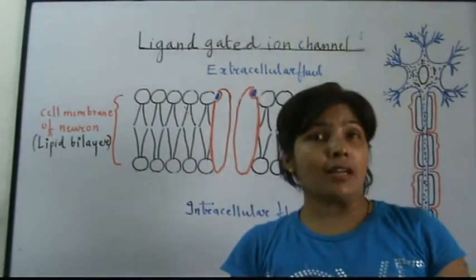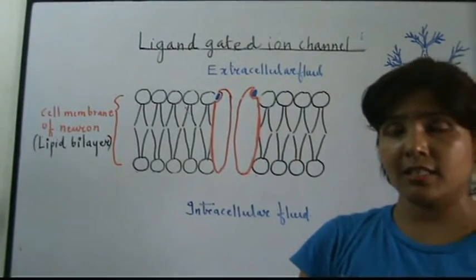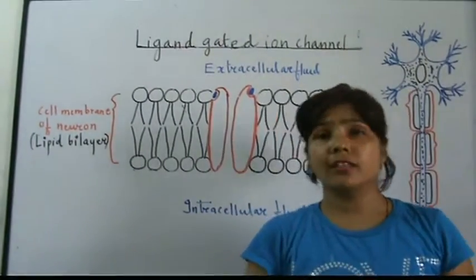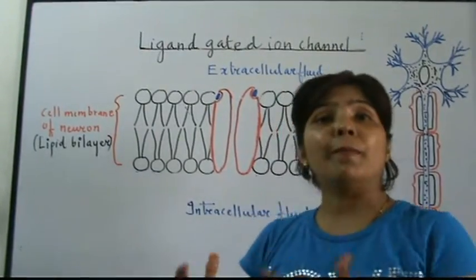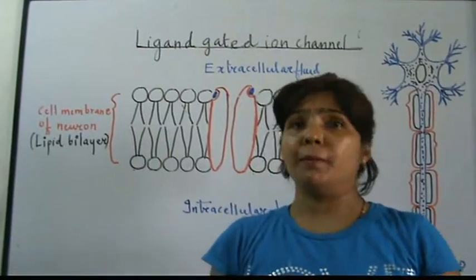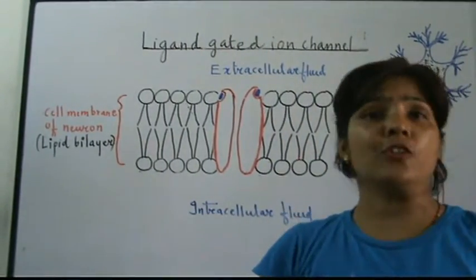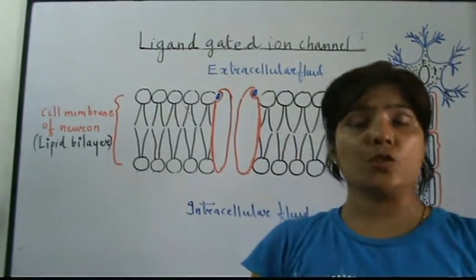The last ion channel that we discussed was ligand gated ion channels. The ligand gated ion channels are the channels which require specific molecules called ligands to come and bind to the sites meant for them. And once these ligands come and bind, the ion channels open up and allow the specific ion to flow down the concentration gradient.